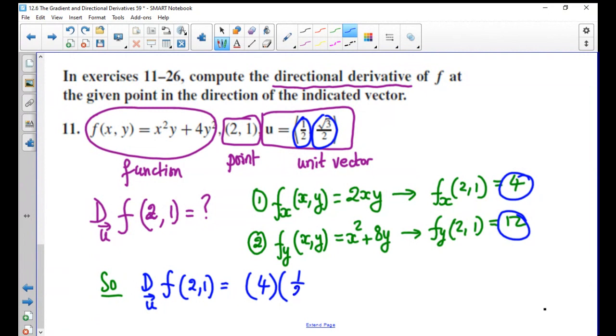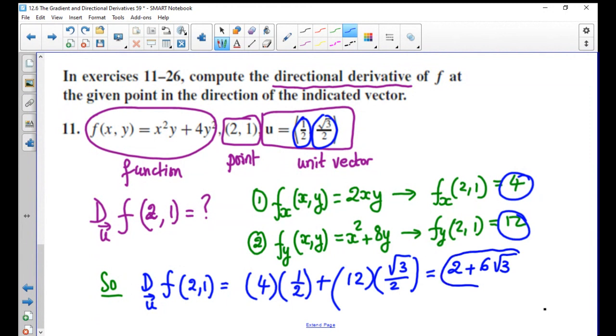So 4 times half, plus 12 times square root of 3 over 2, and you calculate all of this. So it's basically 2 plus 6 square root of 3, so possibly around 10 or 11 perhaps here.